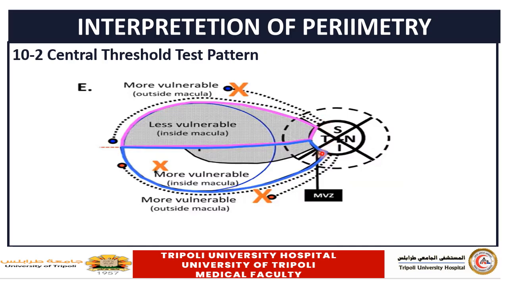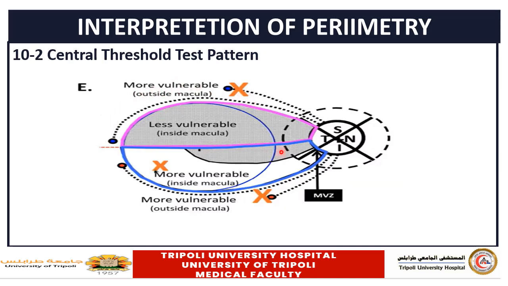Now, if you look at this map, this is the inferior temporal part of the optic disc. It represents the nerve fiber layers located within the macula, within the central 10 degrees. However, the superior temporal part of the optic disc, which is the second most vulnerable part after the inferior temporal, represents nerve fibers located outside the 10 degrees.